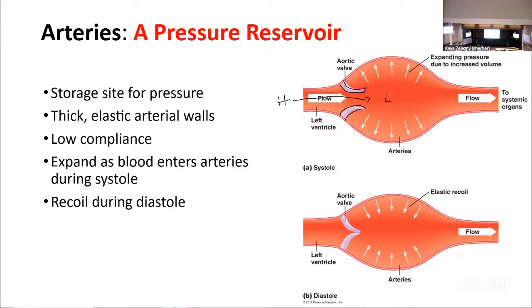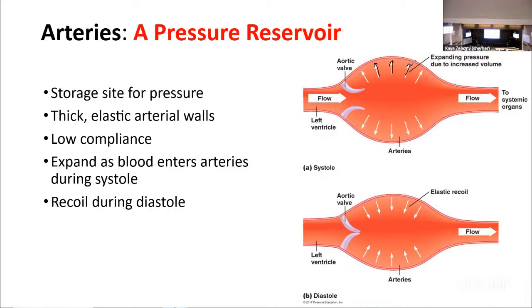Once we're in there, as we're ejecting blood into the aorta, that blast of blood coming through pushes on the walls. Now we know that these walls are thick. This is an artery. They've got elastin, they've got collagen, and they have this elastic property to them.